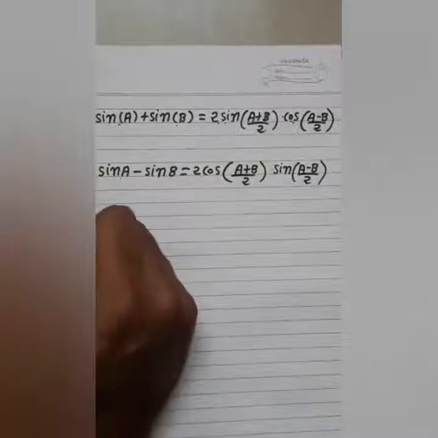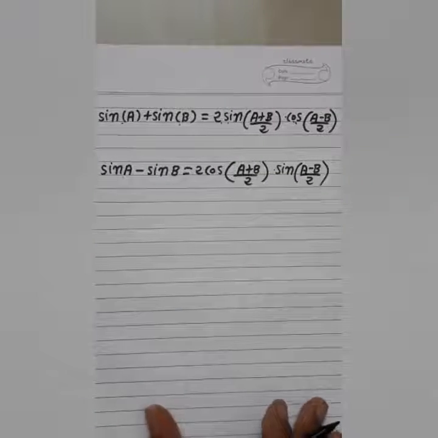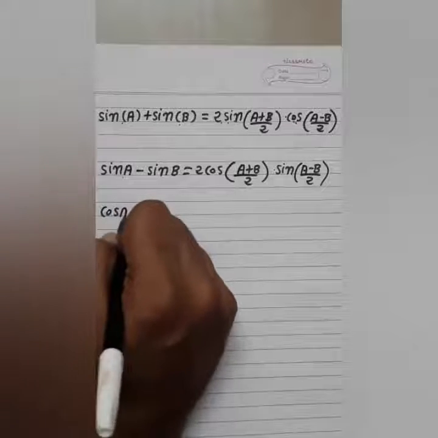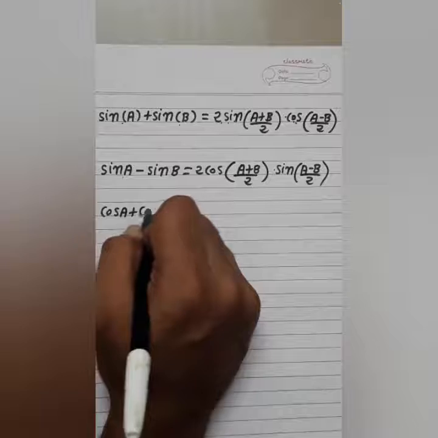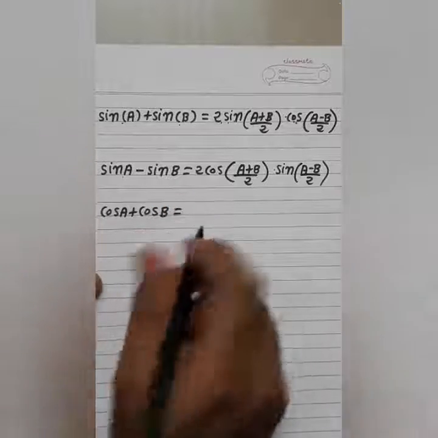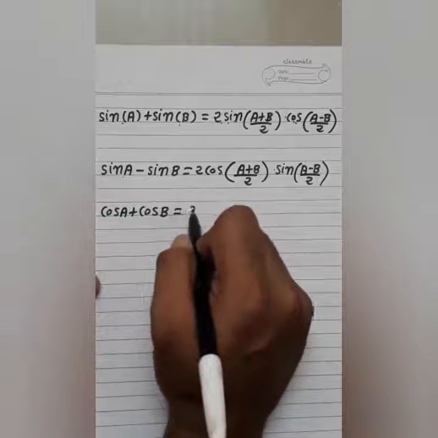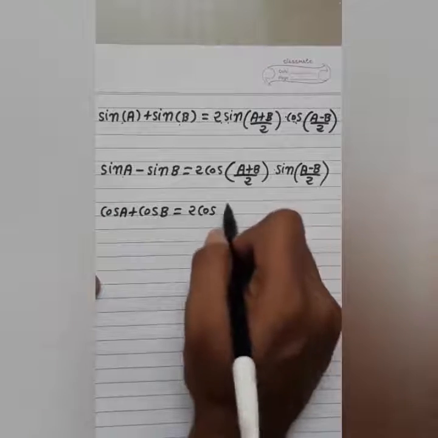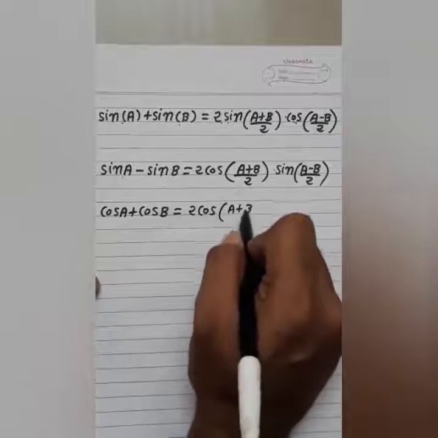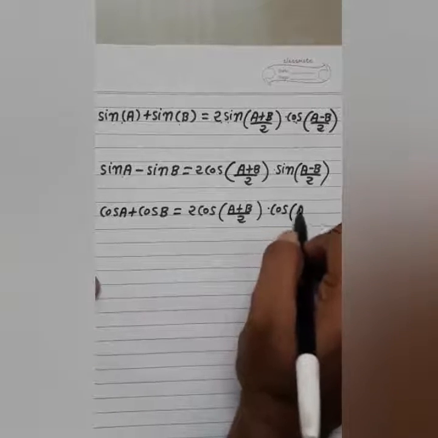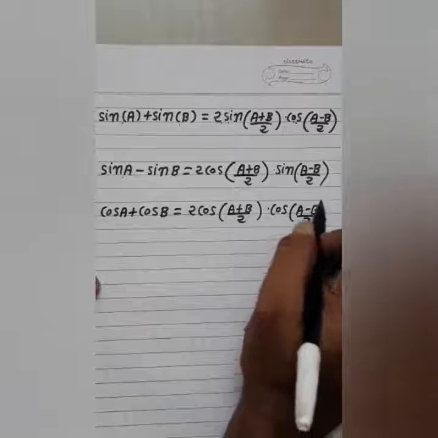Third formula: cos a plus cos b. On both sides cos form is present, so we write 2 times cos of (a plus b) divided by 2 into cos of (a minus b) divided by 2.